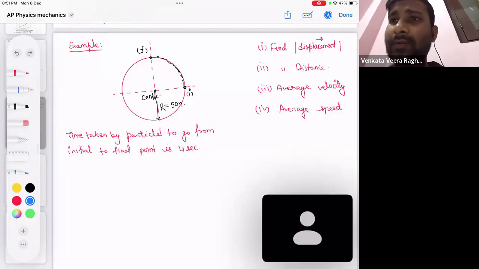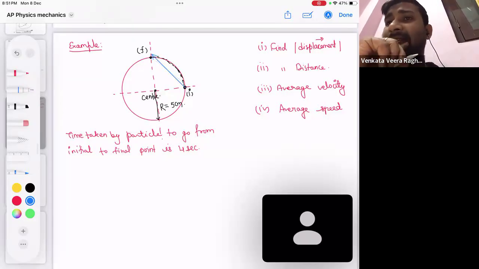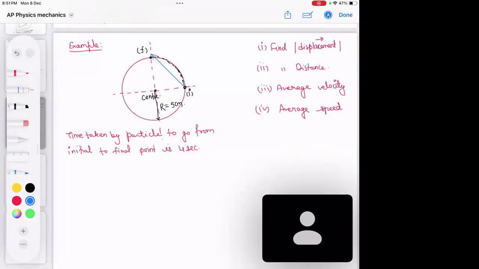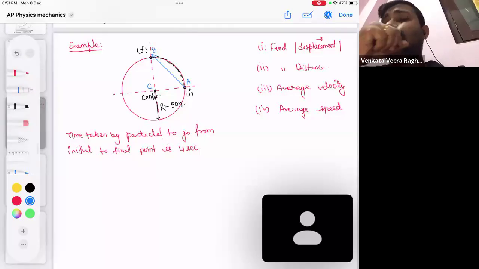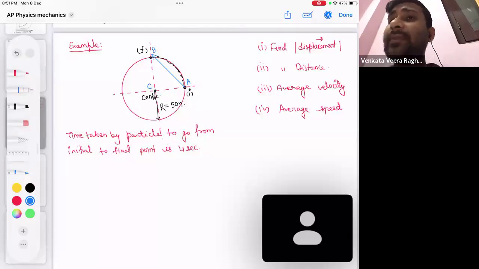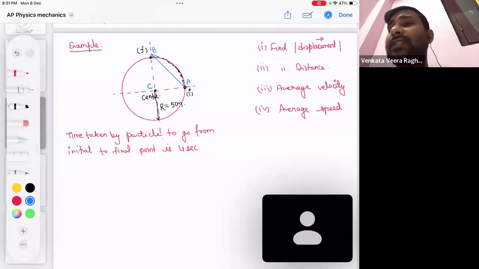So to calculate the displacement, should I just join the initial and final point by a straight line? Yes, sir. Let's call the center C, the initial point A, and the final point B. Is that length AB going to give me the displacement?